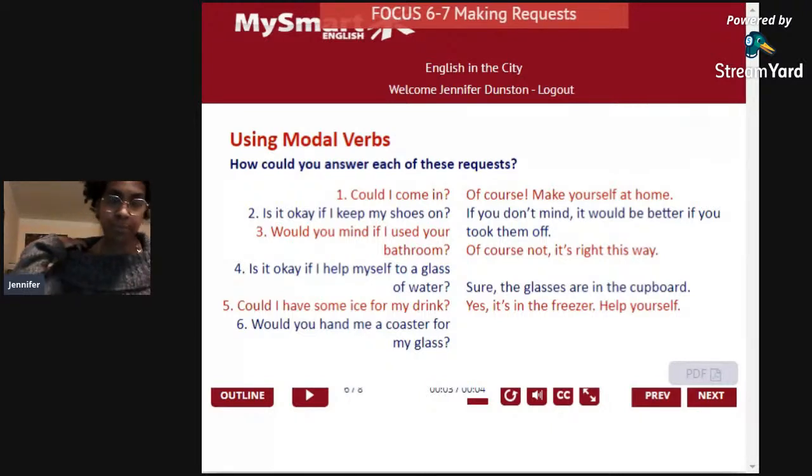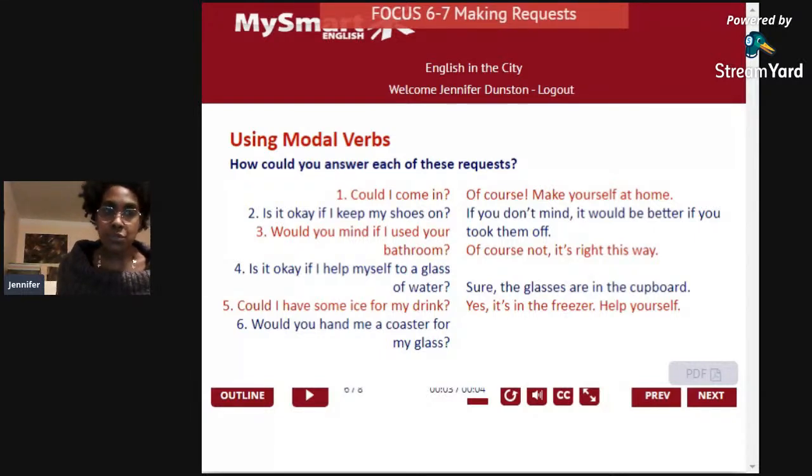What's a coaster? What is a coaster? And why do we use it? I have coasters in my house. I only have 5 because 1 is broken.